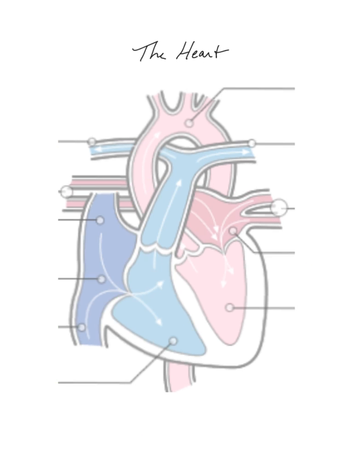So once again, if we take a look at the valves of the heart, what you really want to think about are the 2 valves that are between the atria and the ventricles. So let's just draw these in green.